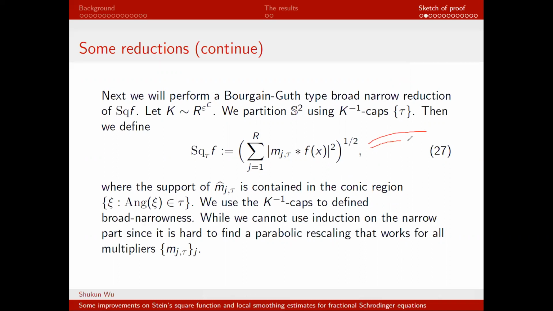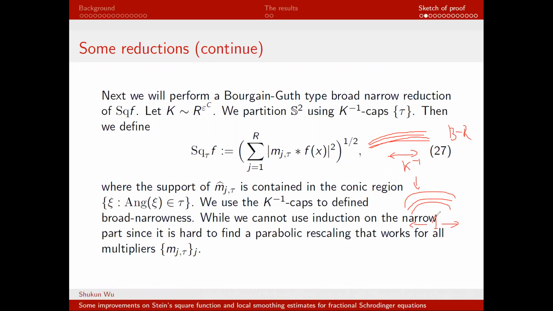If you have one small neighborhood of an annulus, corresponding to the Bochner-Riesz problem, then you can find a rescaling so that you can rescale this neighborhood, of width K to the minus 1, to some other neighborhood of a surface with positive curvature, with width 1.